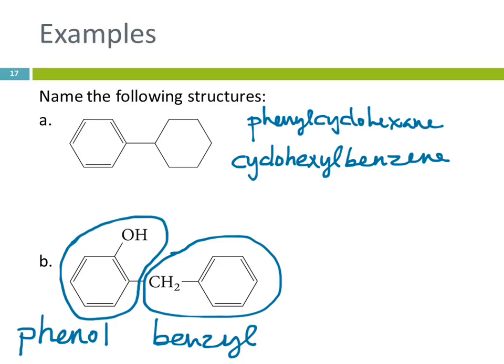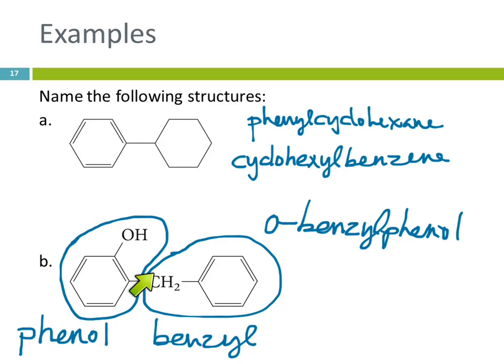So, if we name this as benzyl phenol, what's the relationship between these two substituents? Ortho. So ortho-benzyl phenol. That's going to be the easiest name, because if we put this CH2 group over here, then things are going to get more complicated. We'd rather not go there.